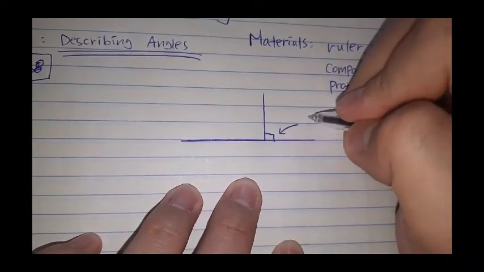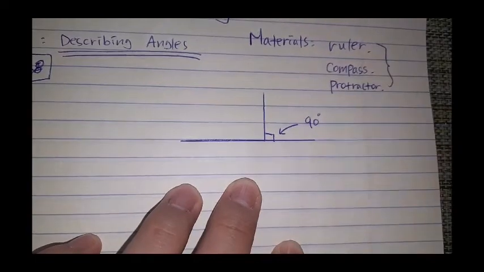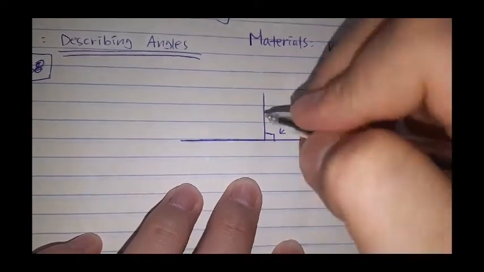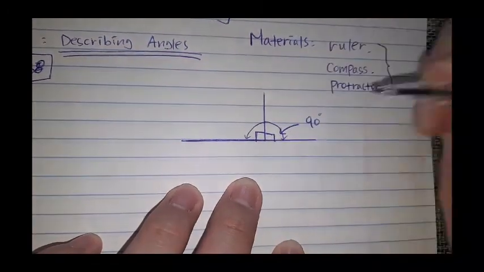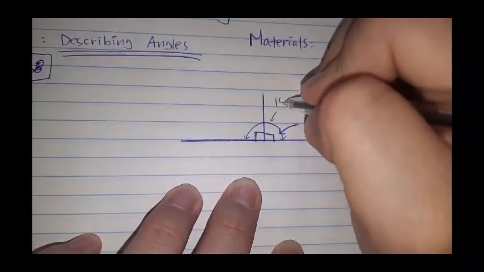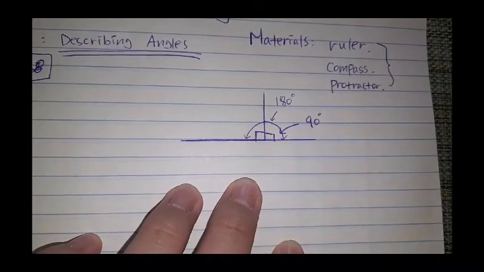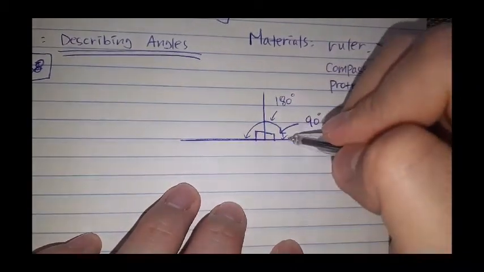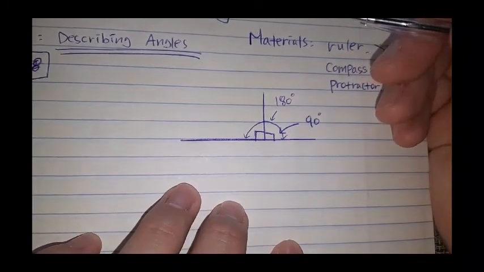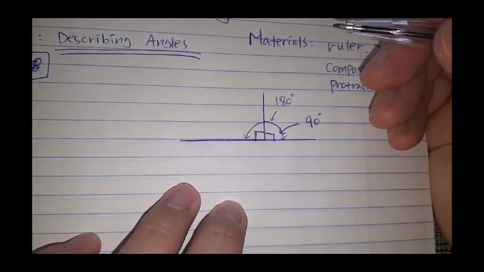This is always 90 degrees. If you have two perpendicular angles, then the whole angle that you see here will be 180 degrees. And if you go one entire circle around, that's 360, because 180 plus 180 is 360.